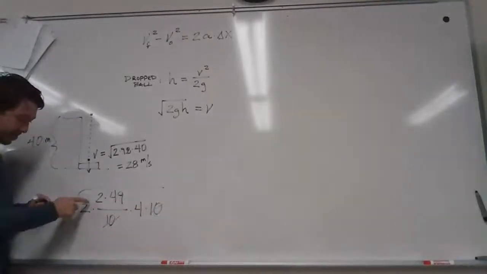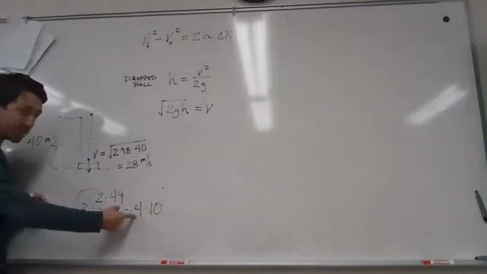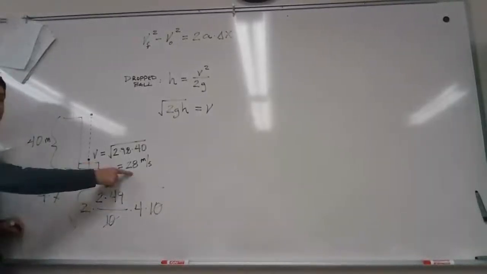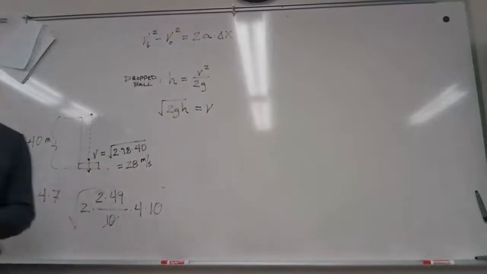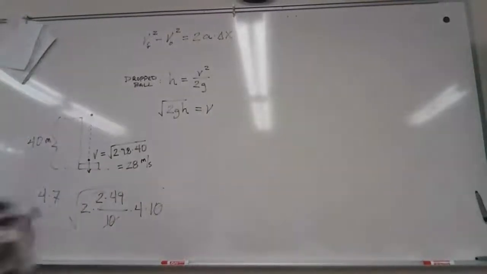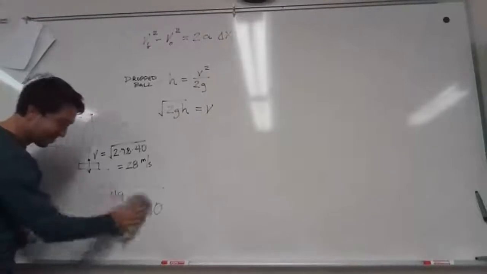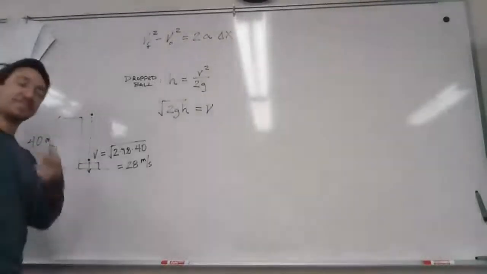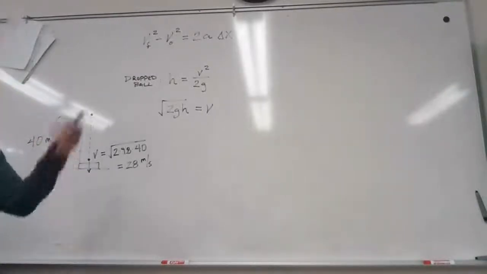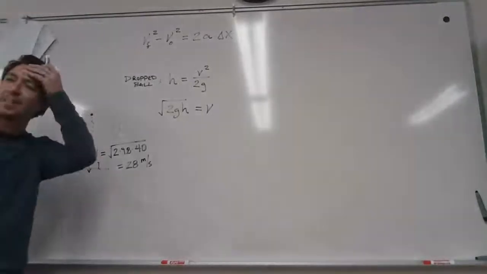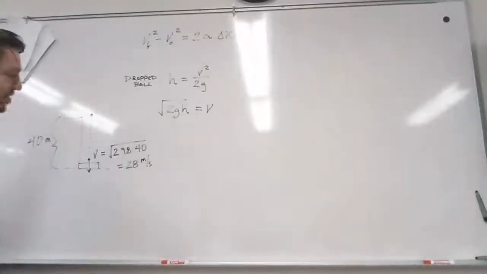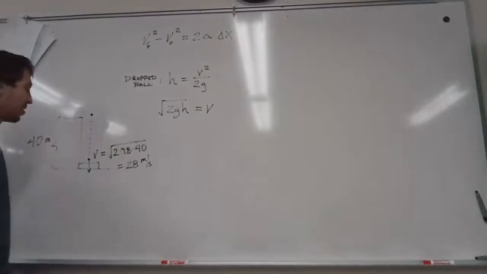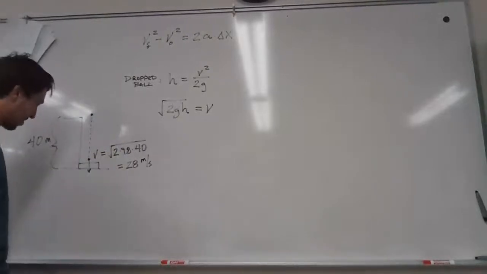So now what I have is 4 times 4, whose square root is 4, and 7 times 7, whose square root is 7. 4 times 7 is 28. It has nothing to do with physics. I just thought it was neat. Sorry, I got lost for a minute. It's double 7 squared over 10, and the 10 cancels out that 10. So where were we? Sorry, I'm off topic here.